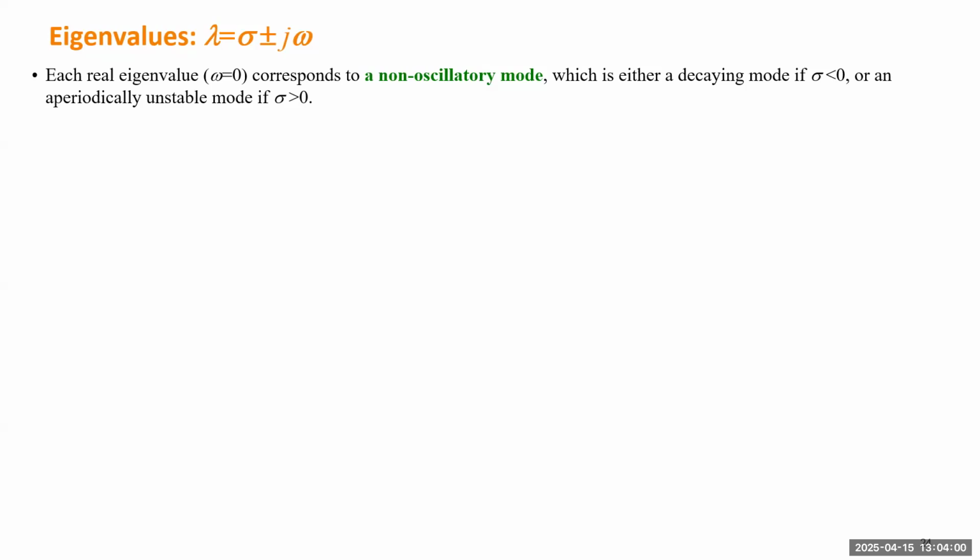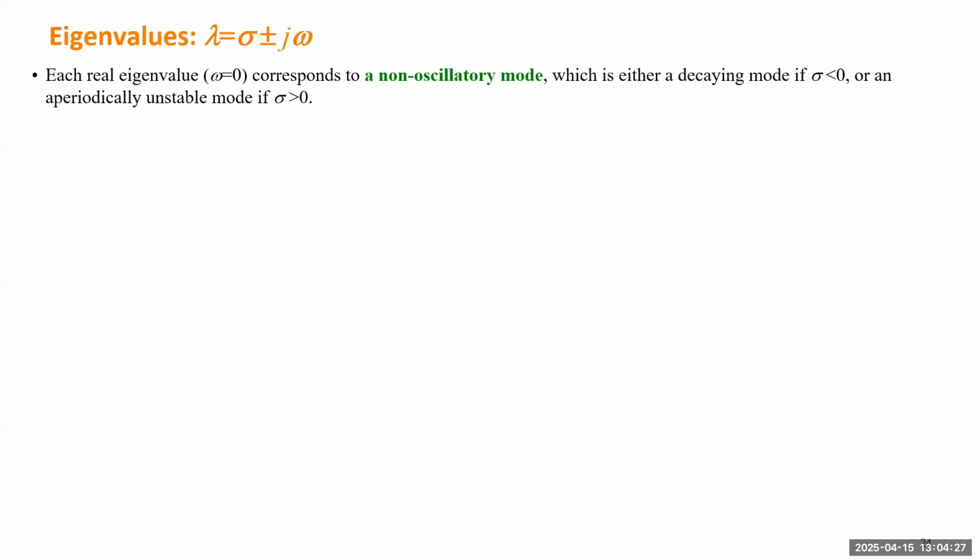Non-oscillatory mode means there's a certain pattern for the system to move. So if you start from a state in the eigenspace of this eigenvalue, it will follow exactly the same pattern. But this pattern is not oscillatory, which means the dynamics projected to any coordinates of the state space will not be periodic. It will basically just go in the same direction.